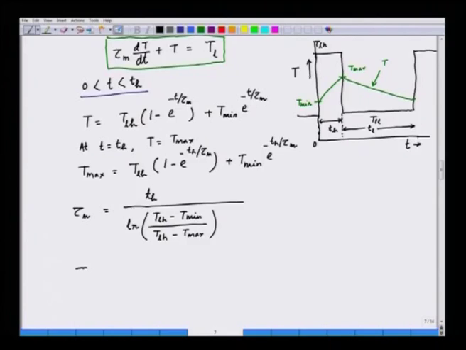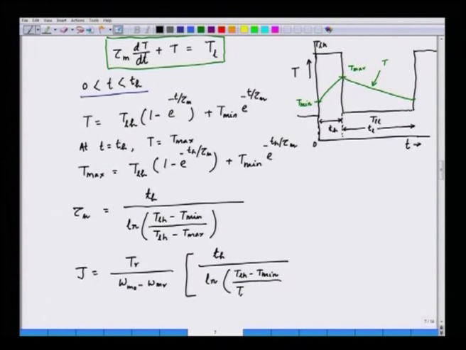The moment of inertia is J, that is equal to Tr by omega m naught minus omega mr into the above expression Th divided by the natural log of TLH minus T minimum by TLH minus T maximum, and that is equal to J naught plus J w.